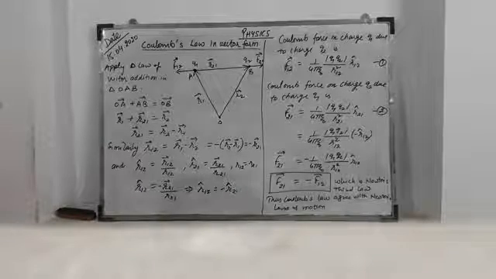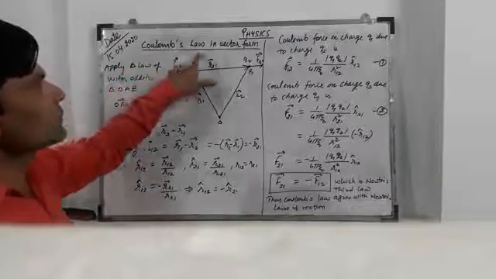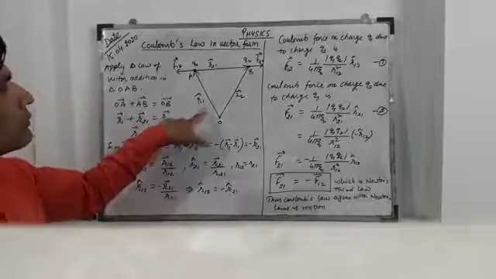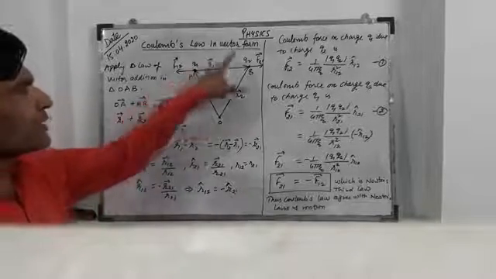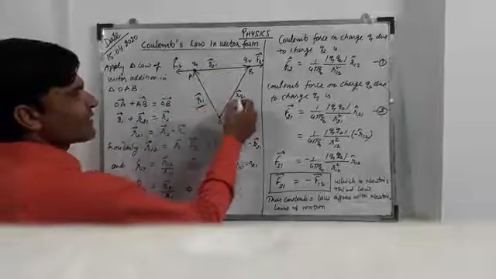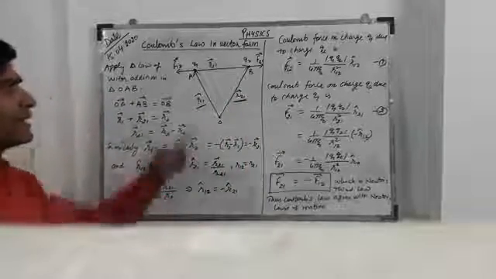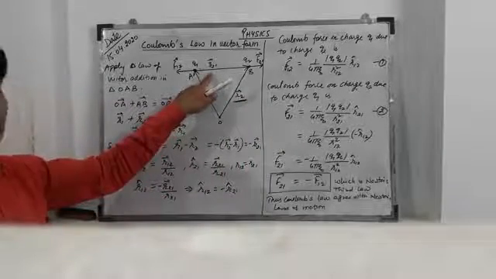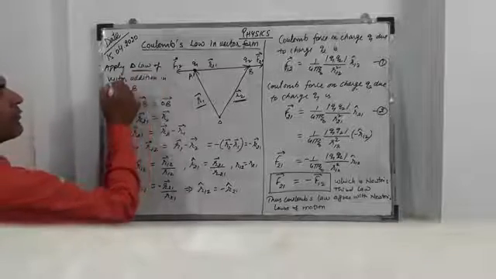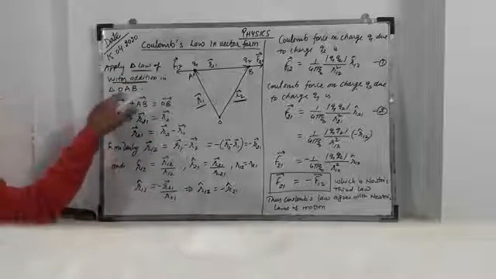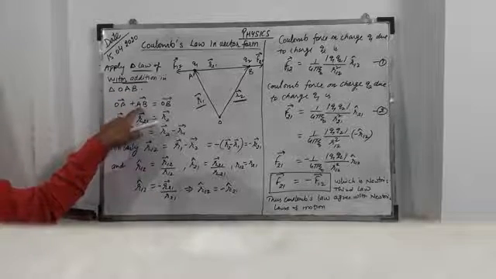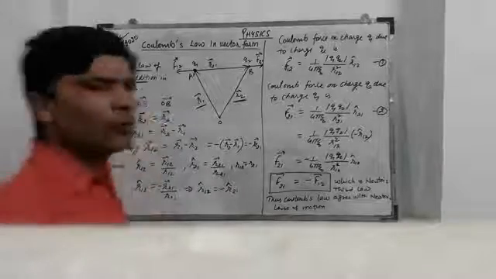Okay, now Coulomb's law in vector form. Here there are two point charges q1 and q2 with position vectors r1 and r2 and displacement vector r21. By applying the triangle law of vector addition in triangle OAB, we get OA plus AB is equal to OB.